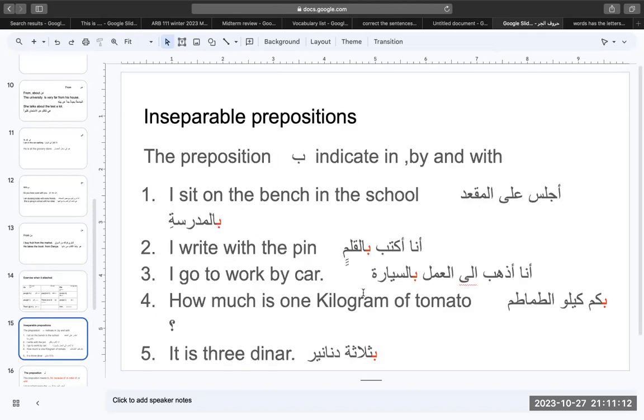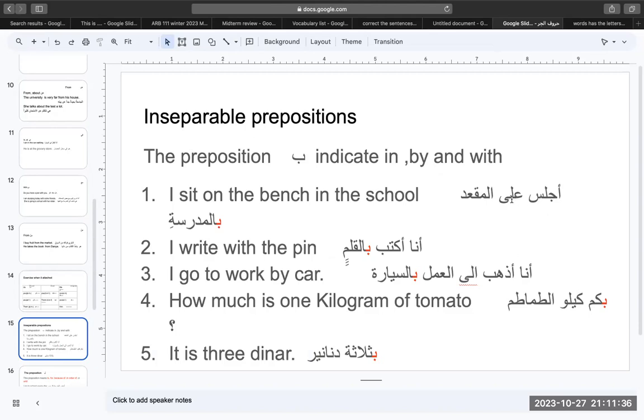So this is exactly what I was talking about. And here it's really an inseparable preposition. So if you take the ba away from the noun or from the attachable pronoun, it has no meaning. So it must be attached.